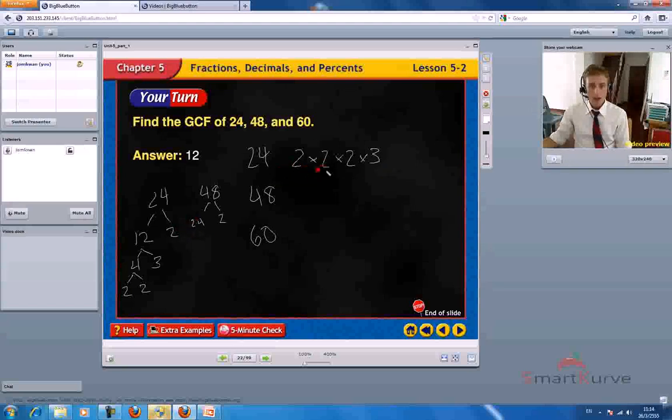Now 48 gives us 24 times 2. So you immediately know that it is the same as this times another 2. So 2 times 2 times 2 times 2 times 3. 60: 30 times 2.